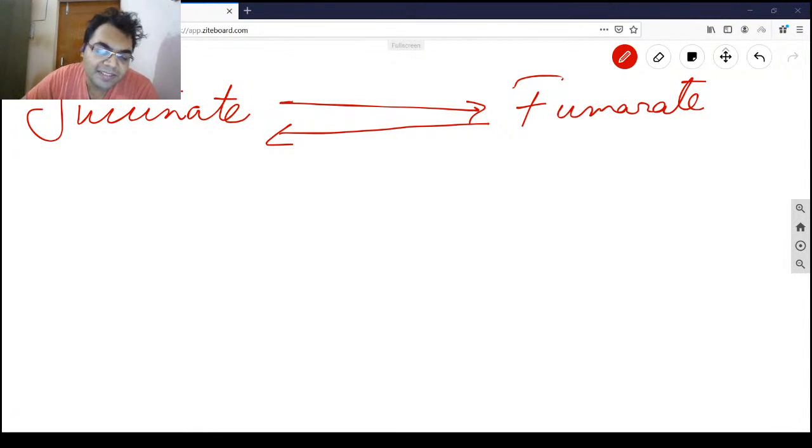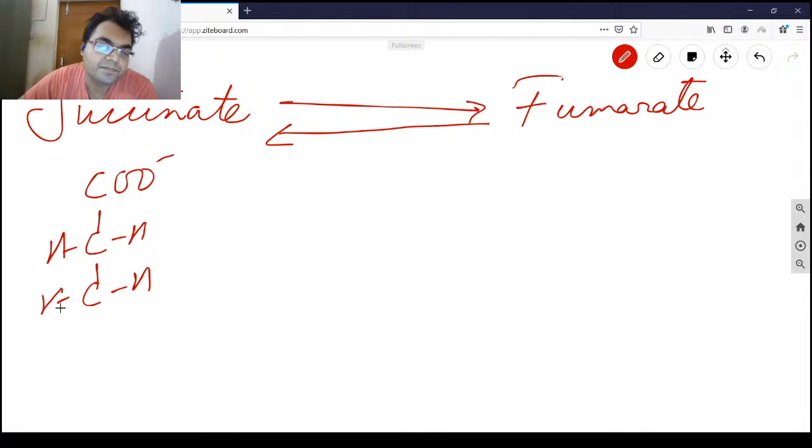What happens is, you have succinate as the substrate, CH2, then again CH2. So again you will be using the enzyme dehydrogenase.